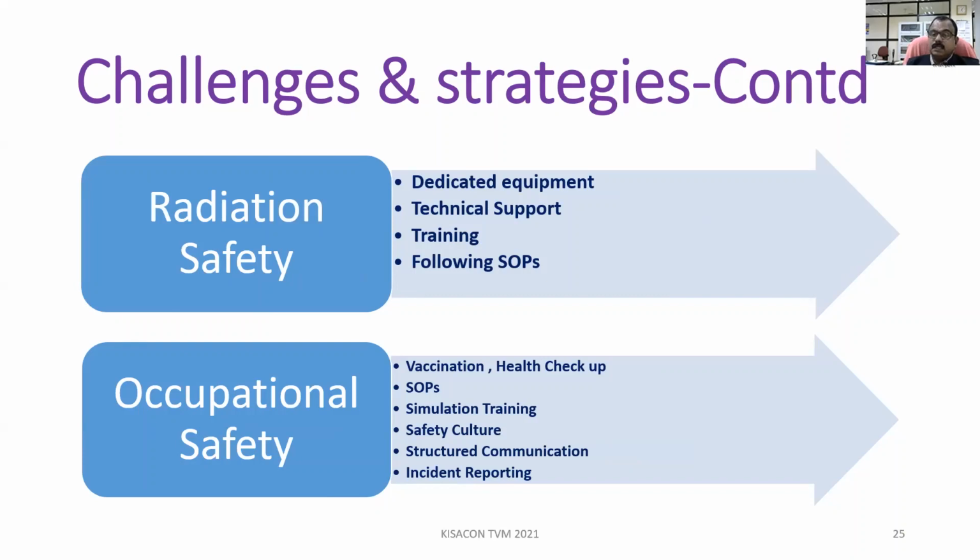Radiation safety is another concern, where we need to have dedicated equipment for the theater. Appropriate technical support is usually not available, but we need to train the people in appropriate usage of radiation safety devices, lead aprons, and training, and the SOPs have to be followed.